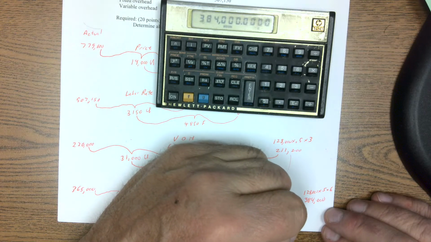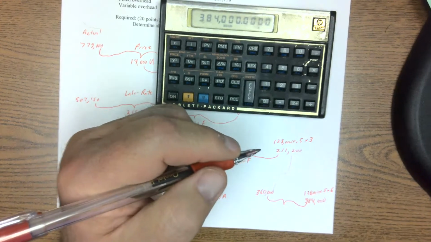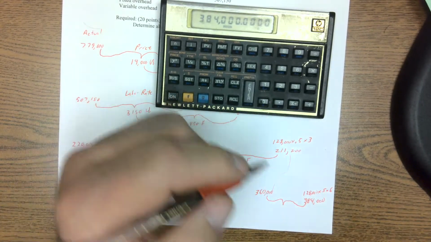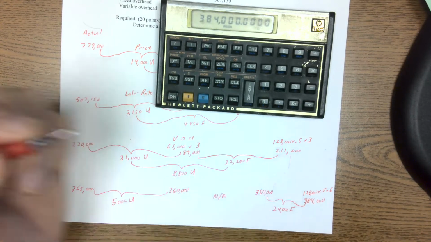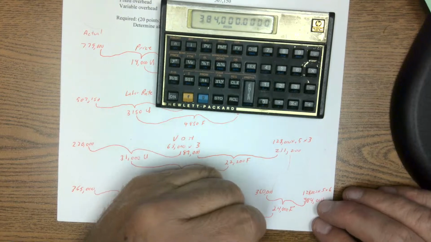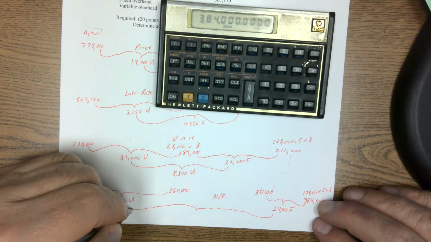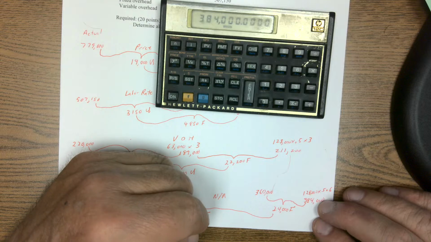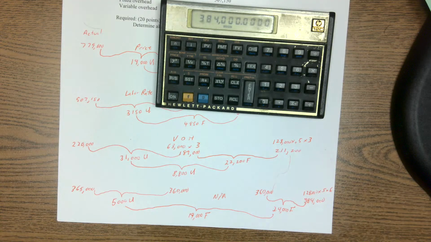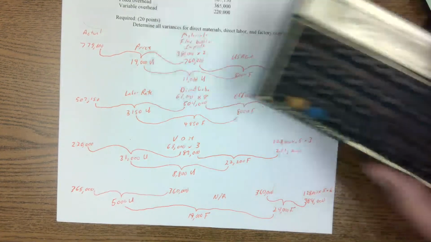And so this is our production volume variance, and that will be 24,000 favorable, for a total fixed overhead variance of 19,000 favorable. Okay, so that's number 1.